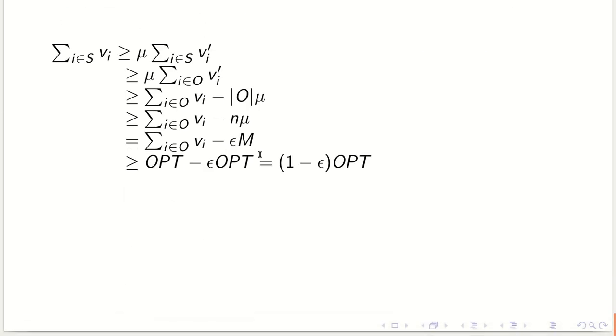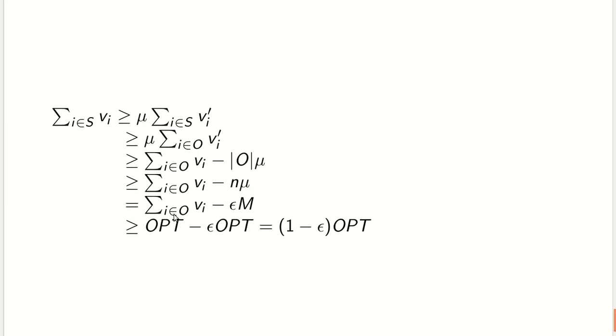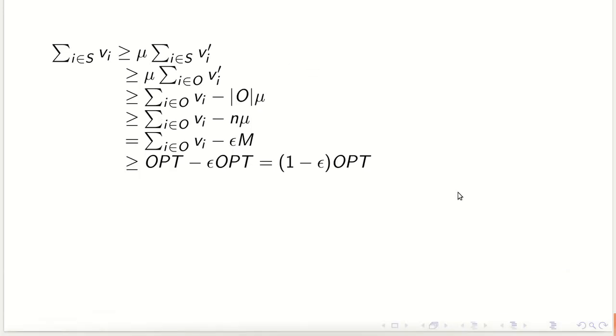We already showed that m is less than or equal to OPT, and the summation of values of items in O is also OPT. So we have OPT minus epsilon times OPT, which is equal to 1 minus epsilon times OPT. So this is clearly a 1 minus epsilon approximation algorithm, and since its running time is polynomial with respect to n and 1 by epsilon, this is an FPTAS.